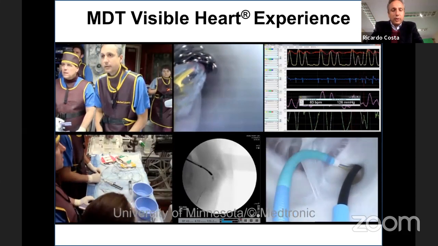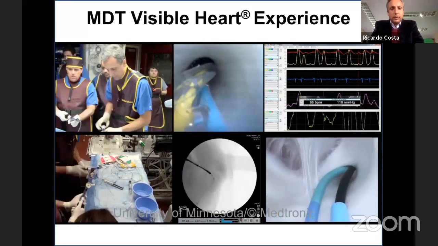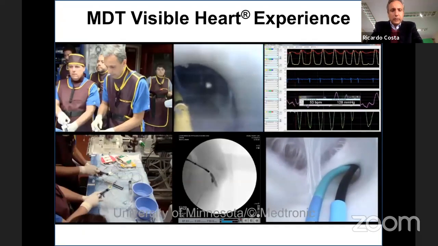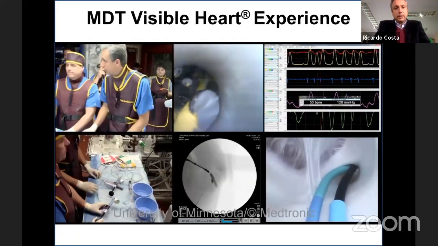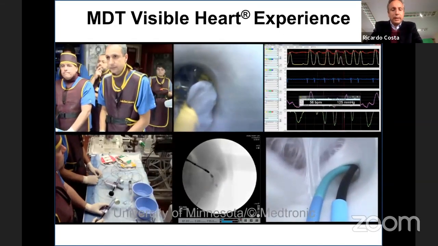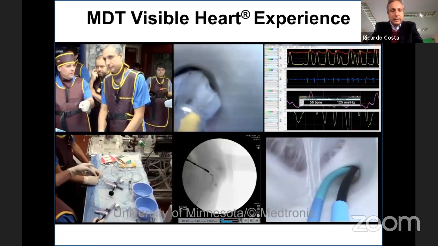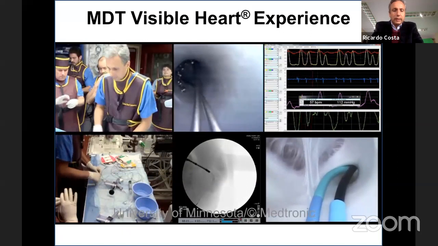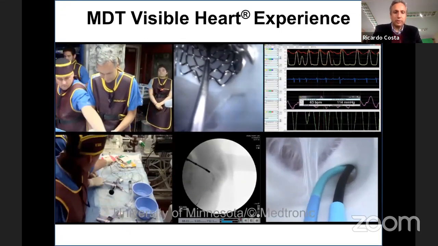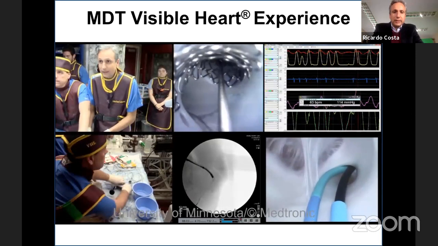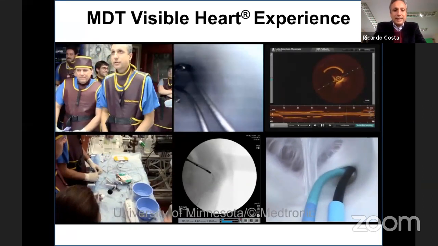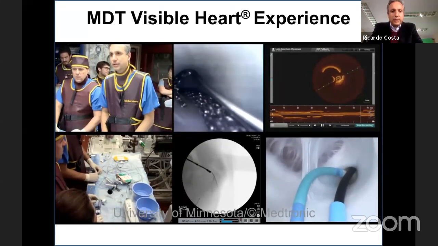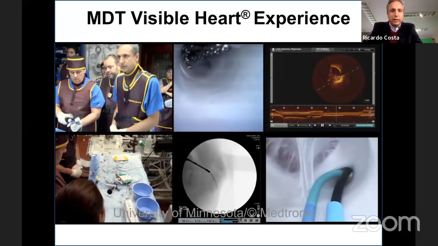You're basically creating a new ostium of the side branch, now a metallic ostium on the side branch, and you are arranging the struts into the geometry of the carina that would facilitate the implantation of the stent in the main vessel. So here, this is after, see how this ostium is completely reconstructed, this metallic ostium, no excessive struts into the carina segment and completely crushed into the proximal segment or the carina.